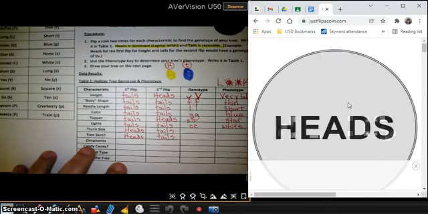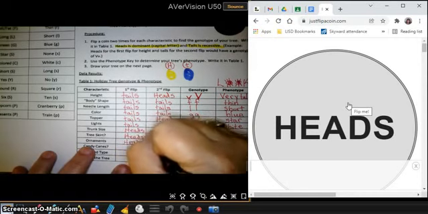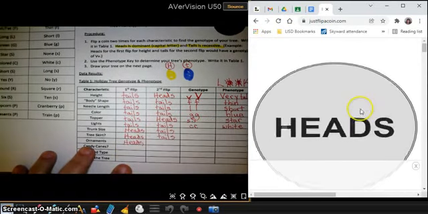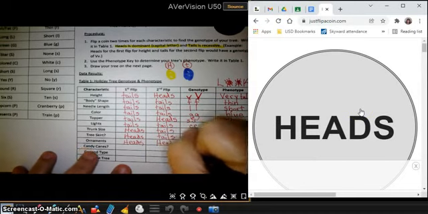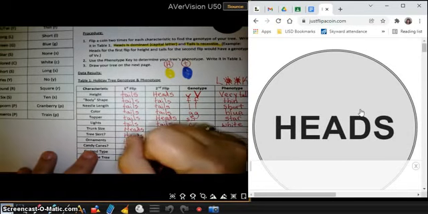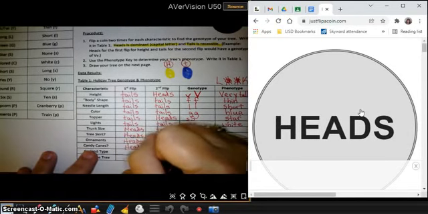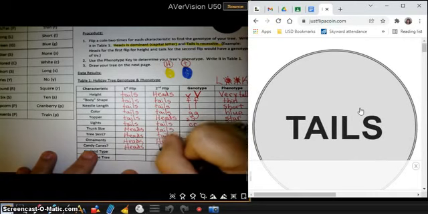For round ornaments or square ornaments, heads, heads. 6 candy canes or 10, heads. I'm sorry, yeah, or 10. Tails.